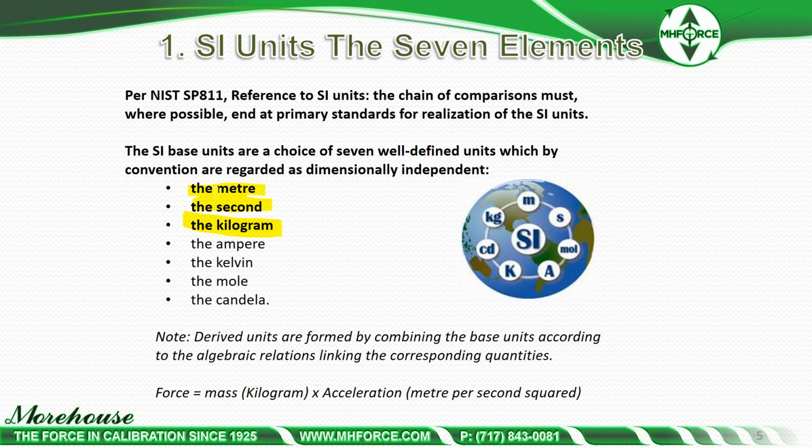So these three elements combined make up those derived units. And the derived units are formed by combining the base units according to the algebraic relations linking the corresponding quantities. So down below here, you have force equals mass times acceleration, which is meter per second squared.